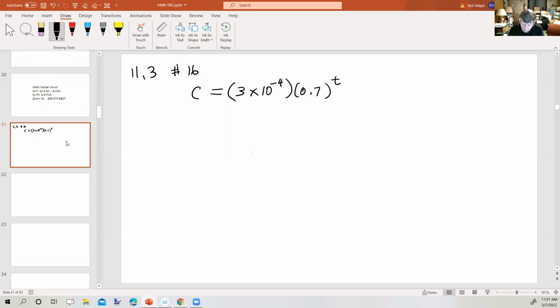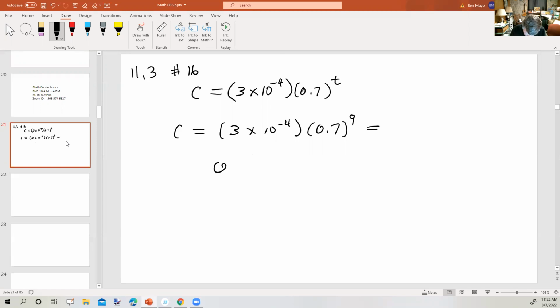Okay, so after 9 days, t would be 9. So we're going to take C equals 3 times 10 to the negative 4 power times 0.7 to the 9th power and see what we get. So parentheses 3 times 10 raised to the negative 4 power, close parentheses, parentheses 0.7, close parentheses raised to the 9th power.